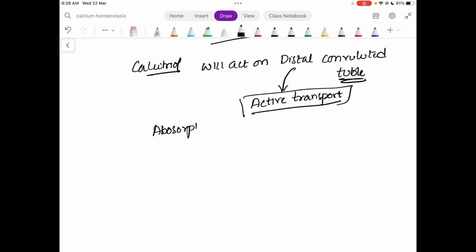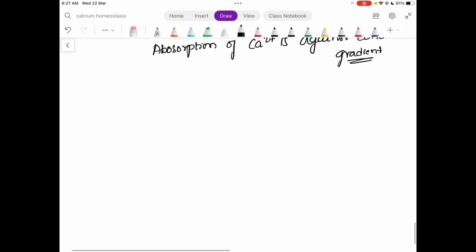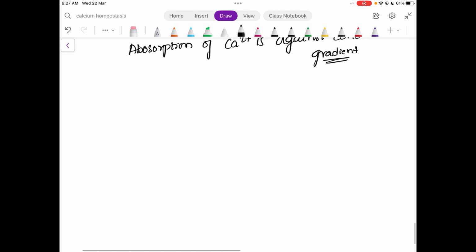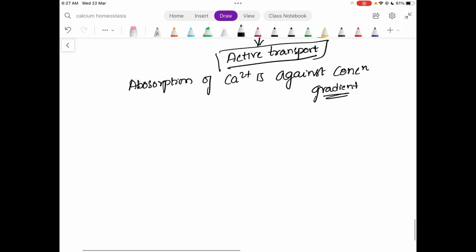Because absorption of calcium is against the concentration gradient. Why against the concentration gradient? Because most of the calcium is absorbed in the PCT and thick ascending limb of loop of Henle. So how does this active transport occur? This active transport is secondary active transport.